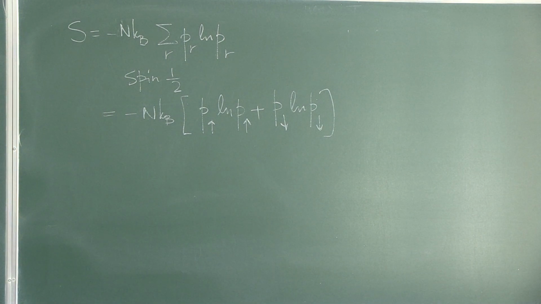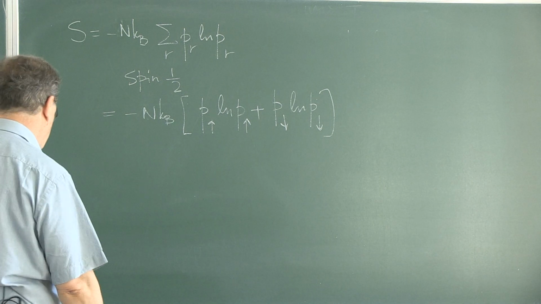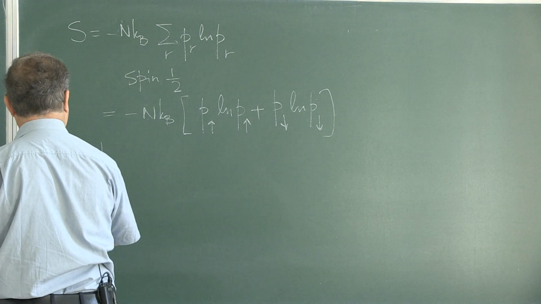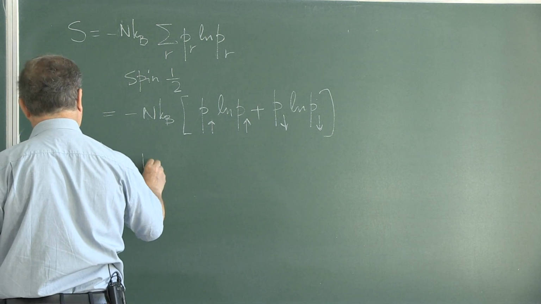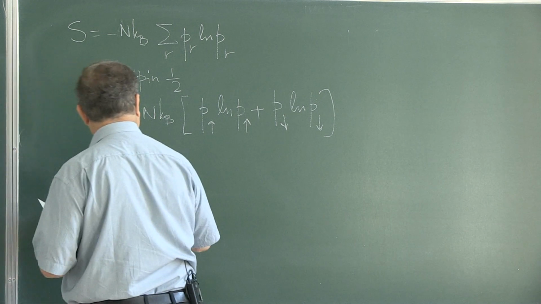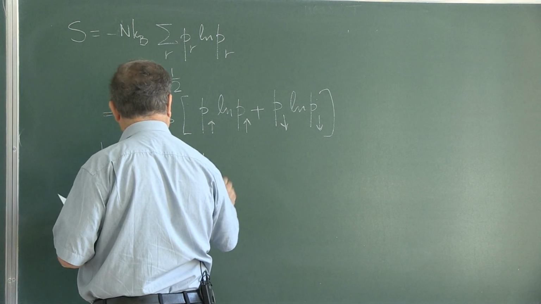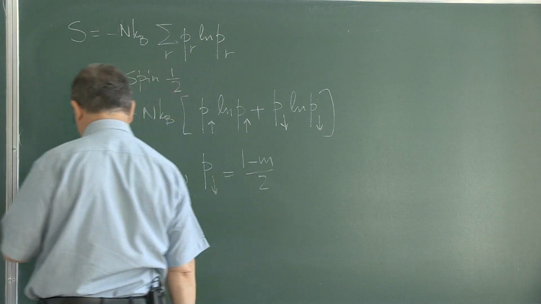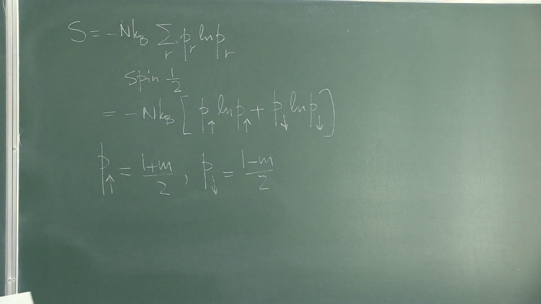Now you can follow everything. All we can do is to write P up as 1 plus m over 2, and P down as 1 minus m over 2. When you add them together, you find 1, normalized probabilities.